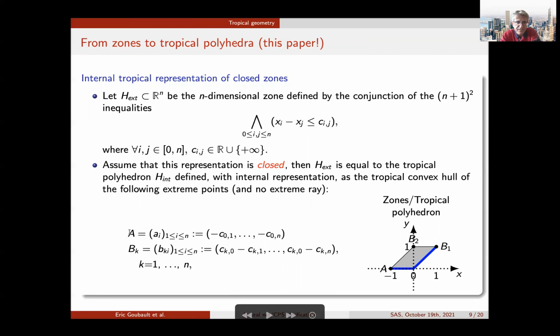You can find these n+1 extreme points A and B_k, whose tropical convex combination is going to give you the corresponding zone. So the zone in gray is the convex combination of points A, B1, and B2. It's done by a simple computation on this constant C_ij, as you can see here.